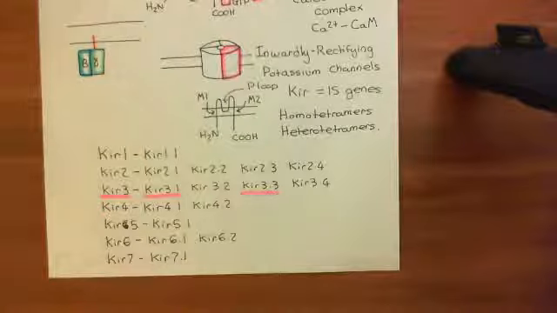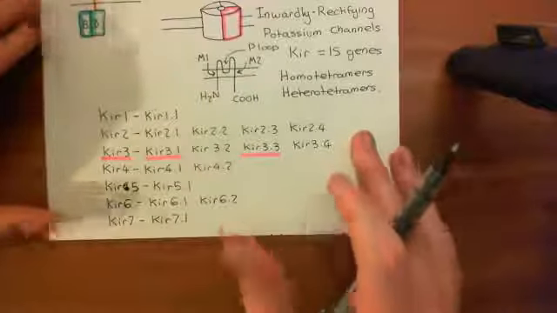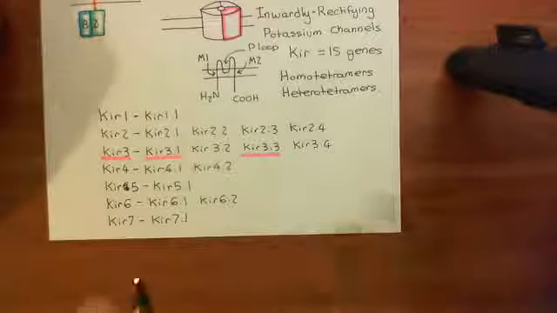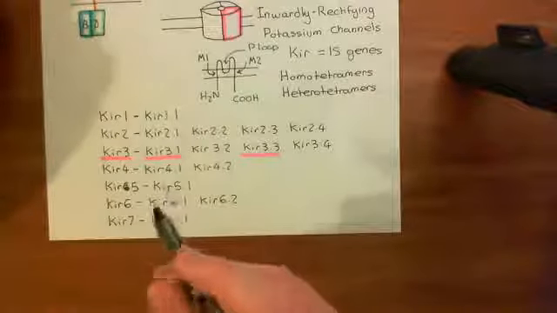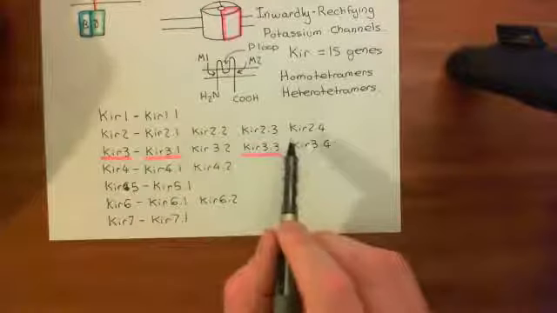Okay, right. So, basically, when you build tetramers out of these 7 different families, the tetramers associated with certain families have certain names. Let's start off with the KIR2 family.